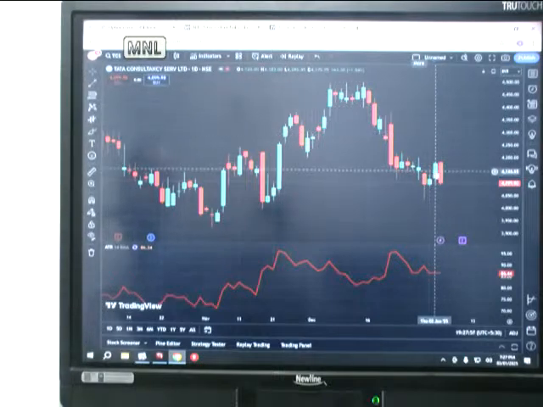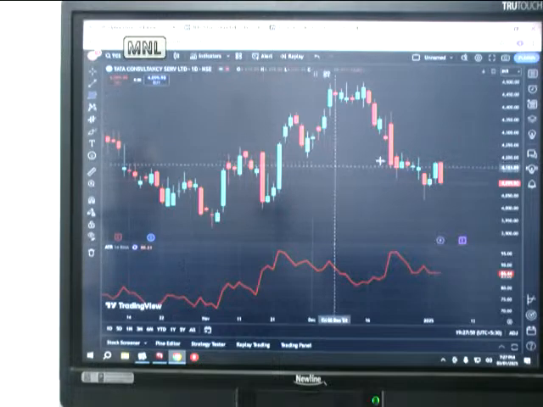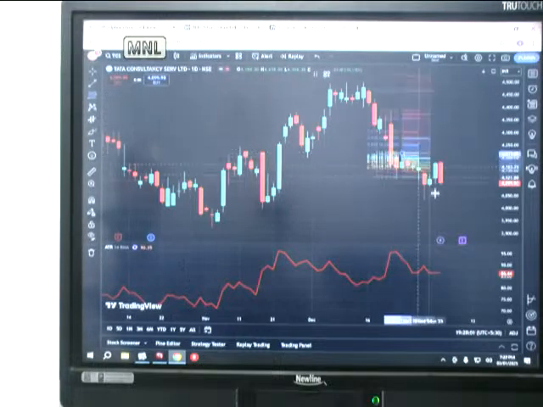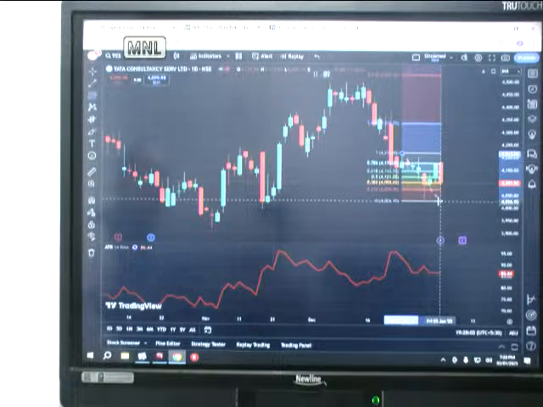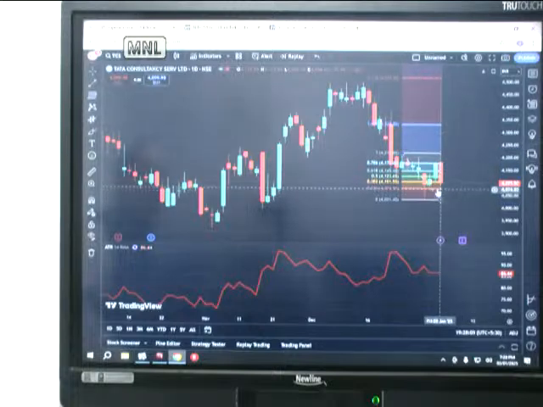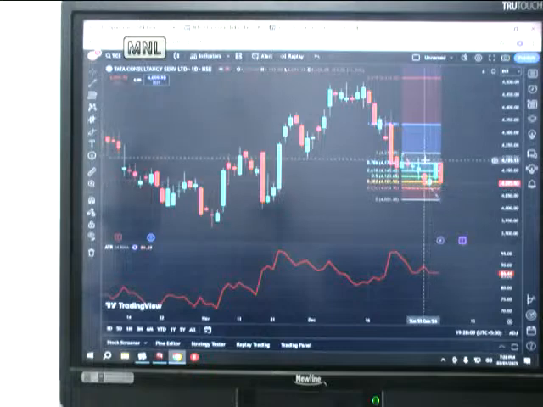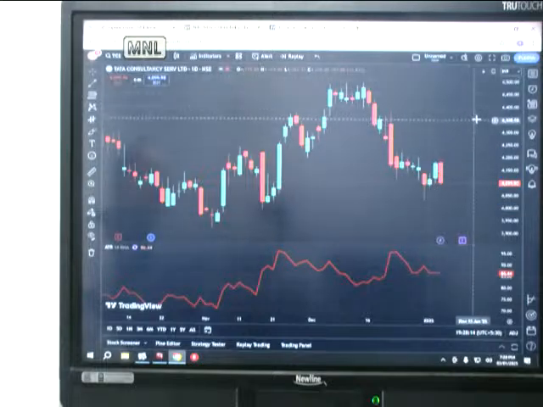Also this is significant because the Fibonacci 78.6 retracement from this place to this place coincides with this. So, any break above 41.83 itself, TCS can be on the long side.